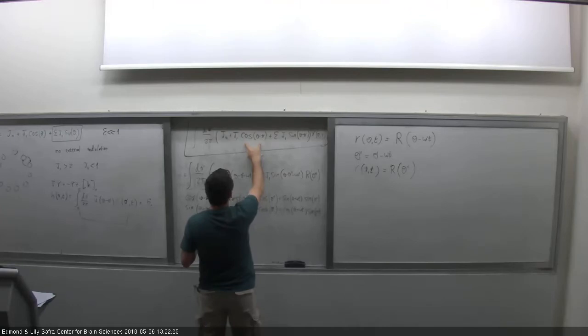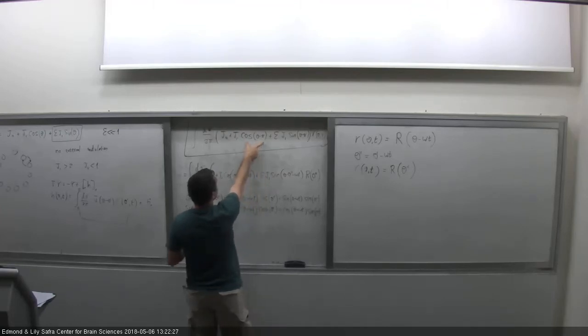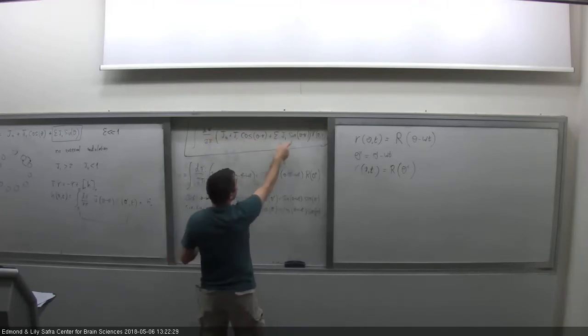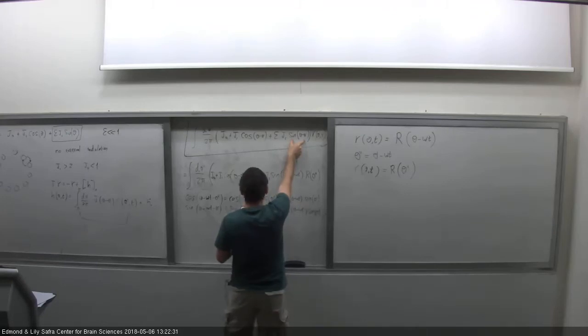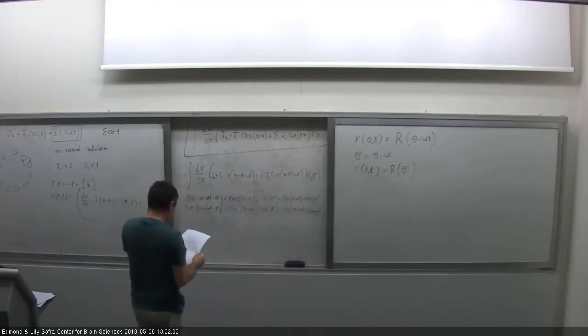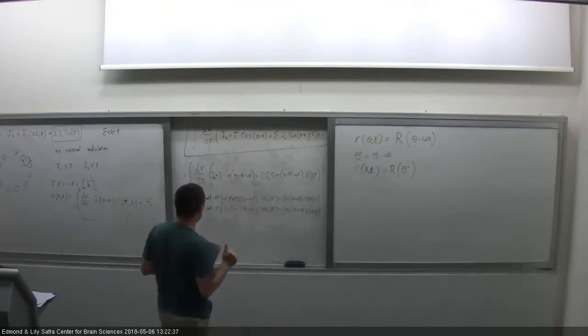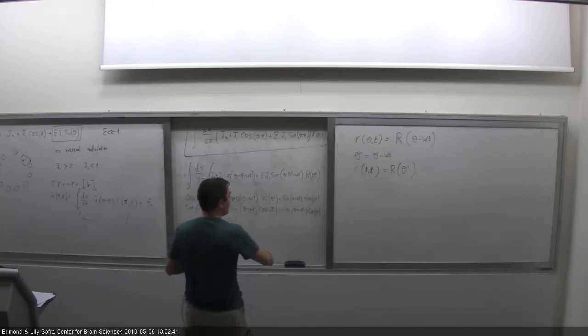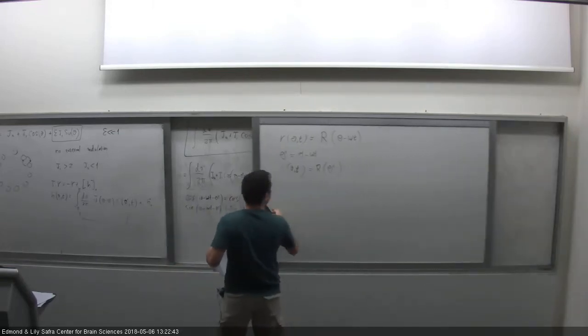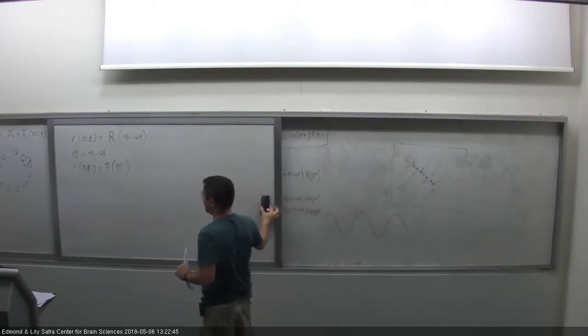In order to solve this integral, we will need to consider an integral of this term and an integral of this term. I'm going to start with the integral of the first term.